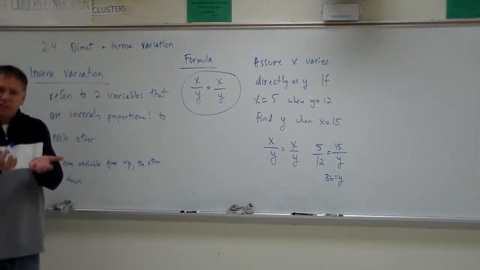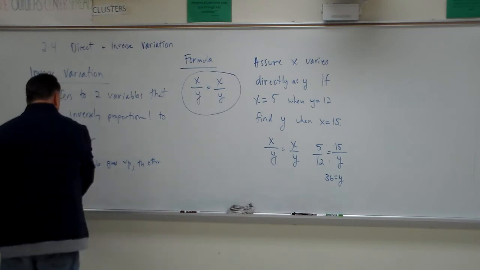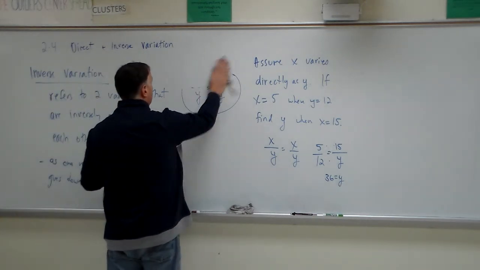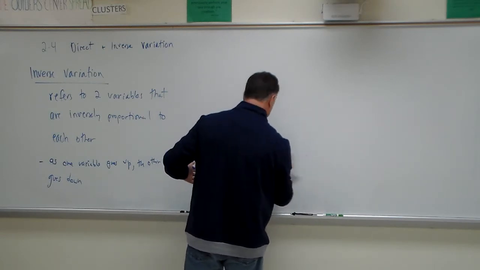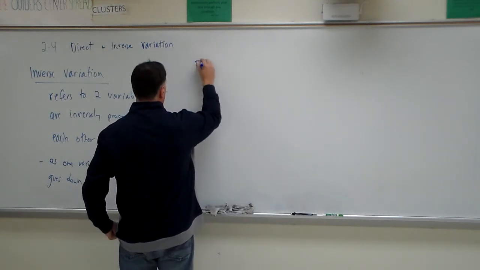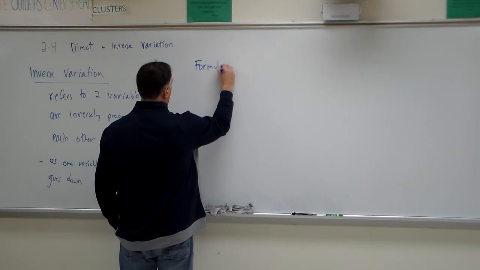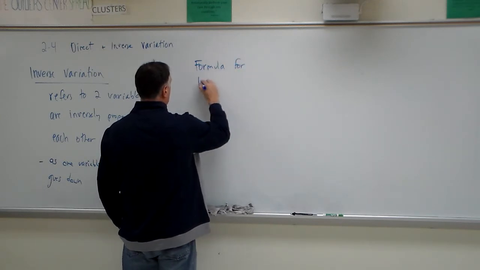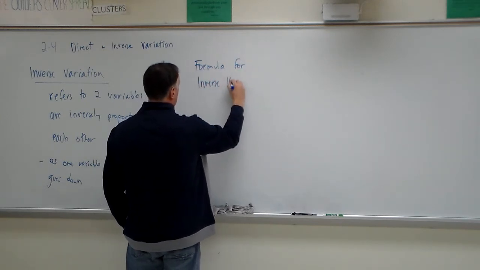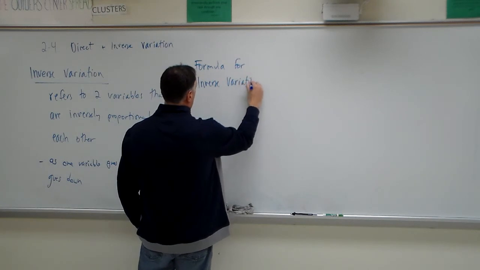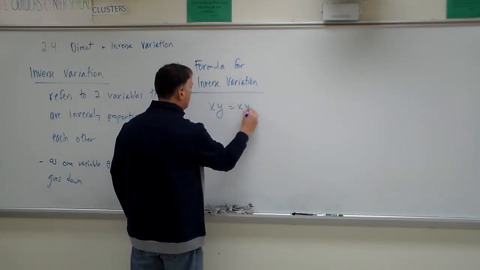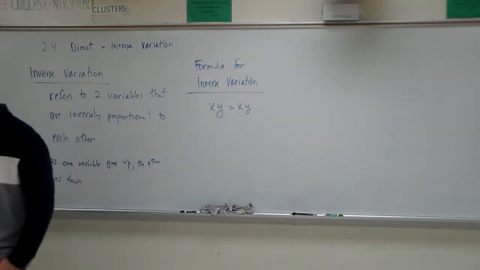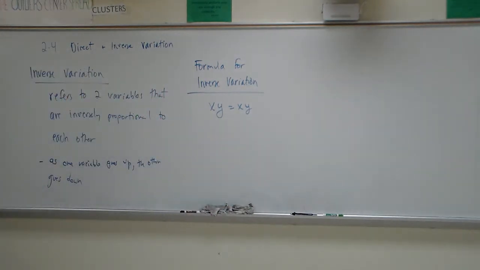They kind of balance each other out. The formula for inverse variation is xy equals xy. X times y equals x times y.